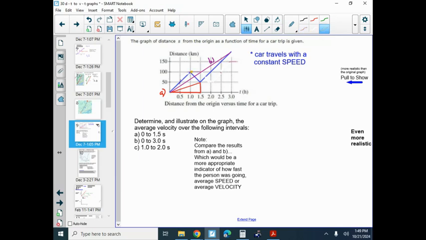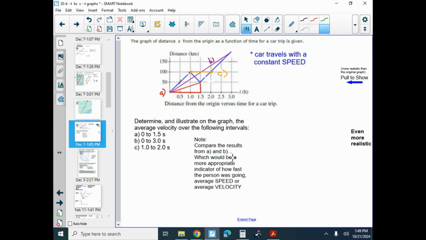Okay, so that's C. Those lines are showing the displacements, and then the average velocity, of course, would just be the displacement divided by time, right? And so if you're looking at those values, in this case, your final position minus initial position, they're the same, so it's just 0.